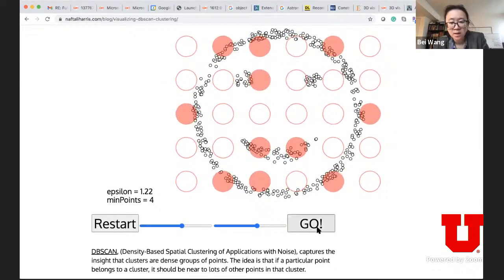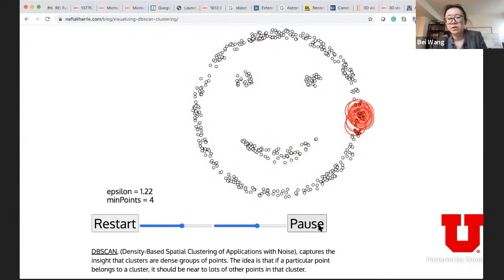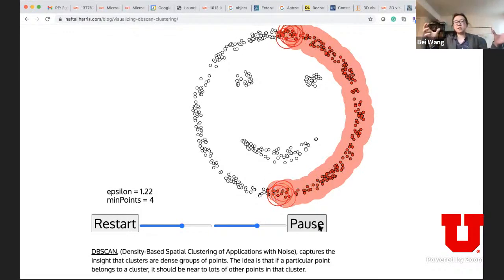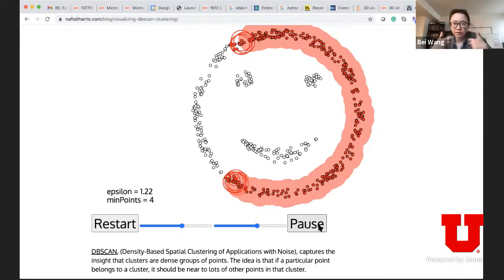Let's say this, and go, okay? So as you see, this is starting from some initial seed point, and I'm going to expand based on reachable core points, and you just keep growing, okay? And then most likely this is going to keep going until all the high density core point neighborhoods are merged together, right? And then that is going to return the outline of the face as a single cluster.